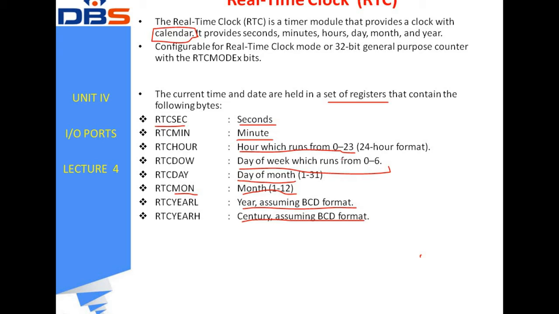In order to generate the calendar, they have assigned a set of registers which are used to calculate seconds, minutes, hours, and days of the week, day of the month, year in BCD format, and also century.